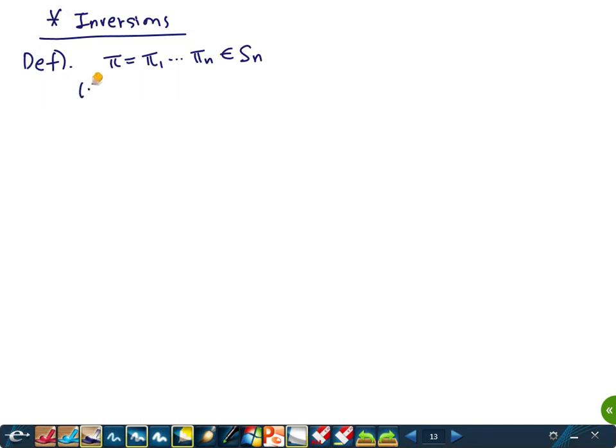Then we say that the pair i, j is an inversion of pi if i is less than j, but pi i is greater than pi j. So the ith position and jth position, their orders are reversed.